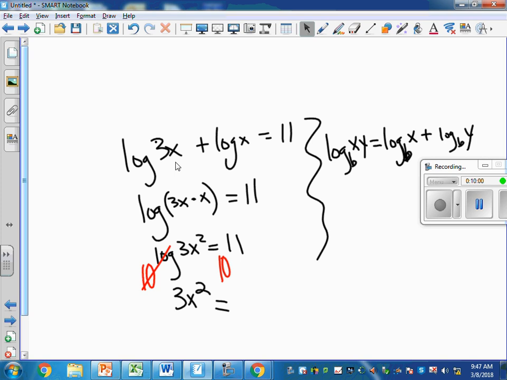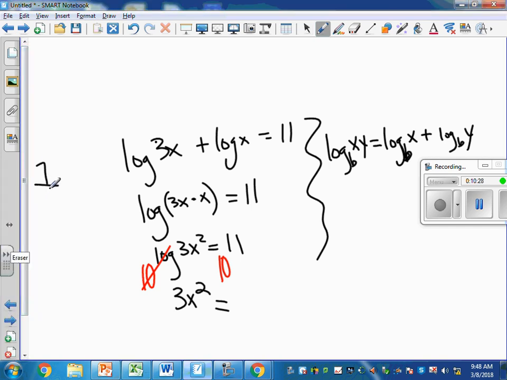10 raised to the 11th is a really big number. In fact, it's so big, the graphing calculator spits out for me this. I'll write it on here so you can see what I'm saying.